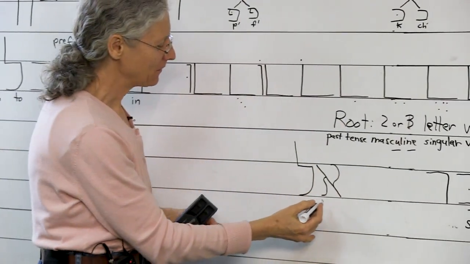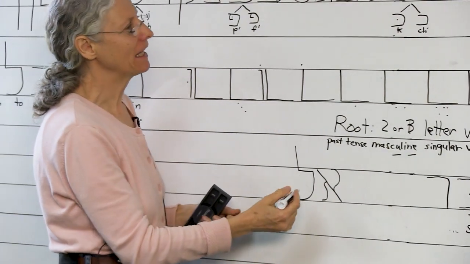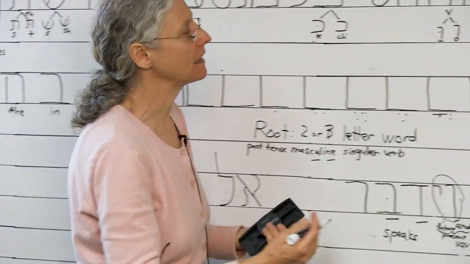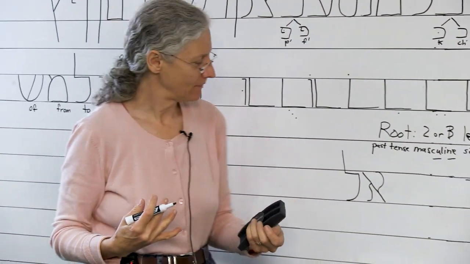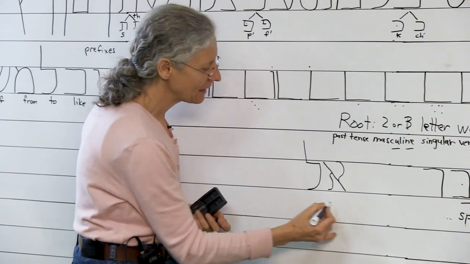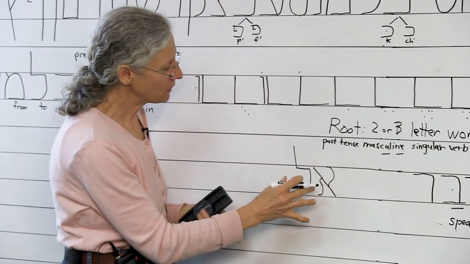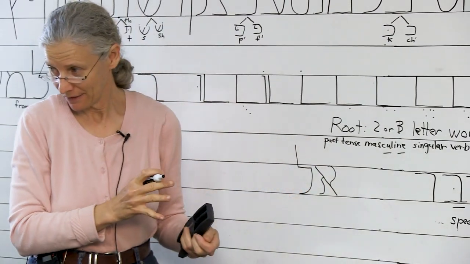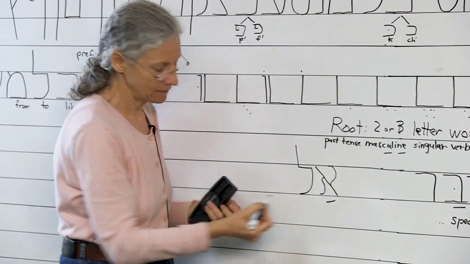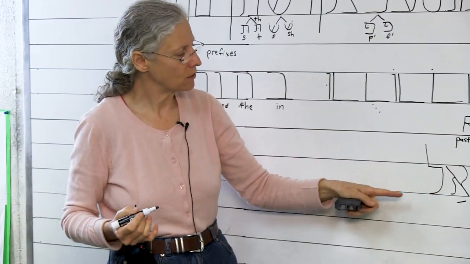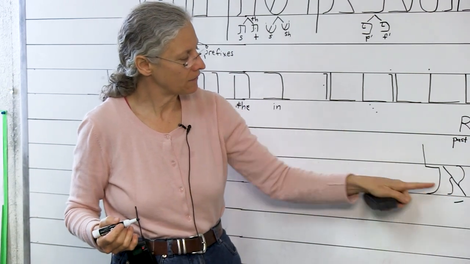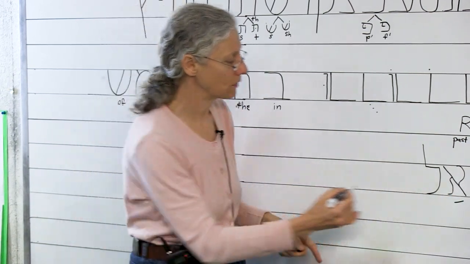In a lot of words, the aleph actually refers to the self. If you were using this as a verb, it would be al. So let's say we're using this as a root. This would mean self, and this is two.